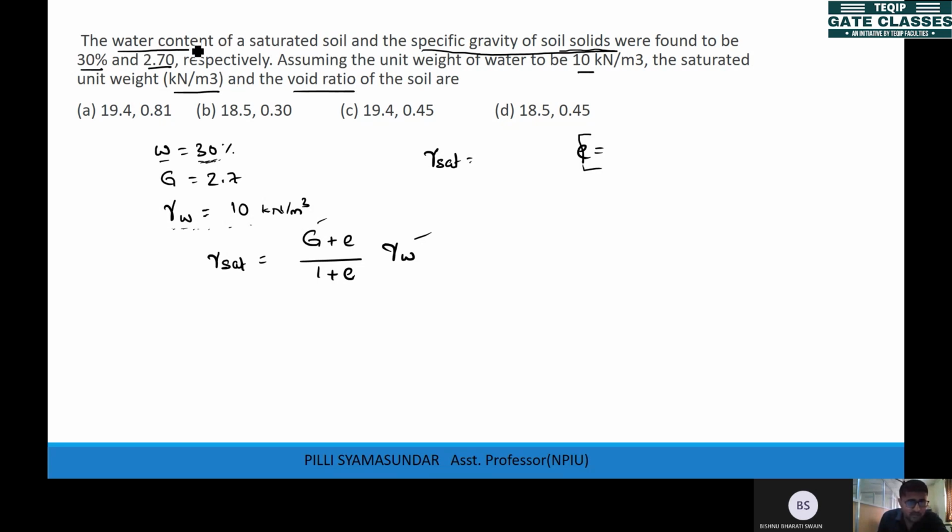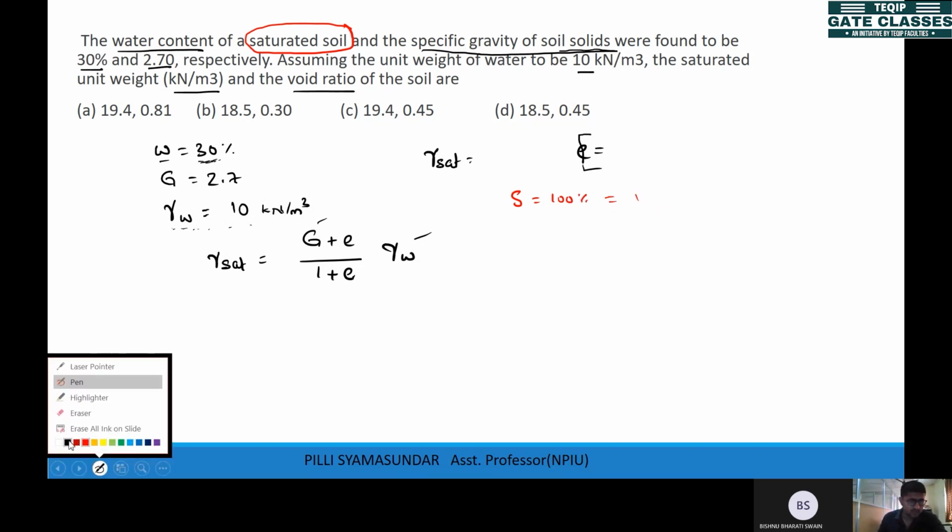So what we missed here: the water content of saturated soil. What does that mean? The degree of saturation is 100%, S is 1. This is the missing thing that we have missed. So now we can find out E.